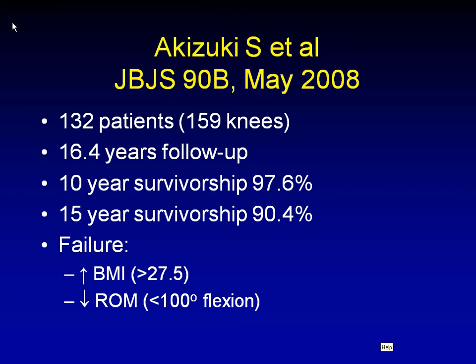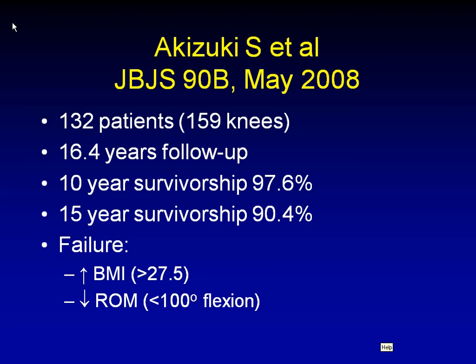These are all closing wedge osteotomies. And you can see the survivorship here is very similar to what was presented earlier today in terms of survivorship for opening wedge osteotomies. What they found was that at 15 years, with total knee replacement being the end point, 90% of patients still had not had to undergo knee replacement surgery.